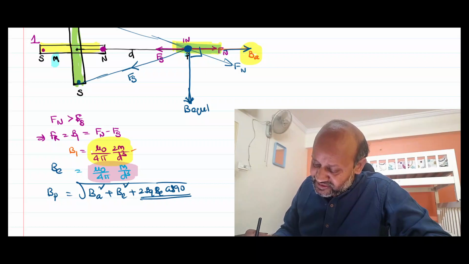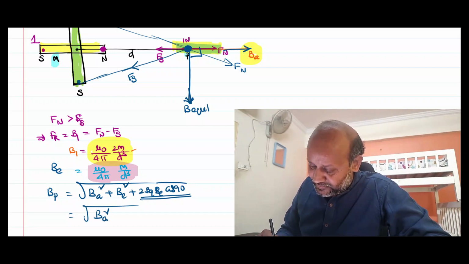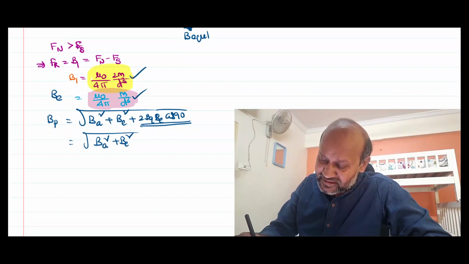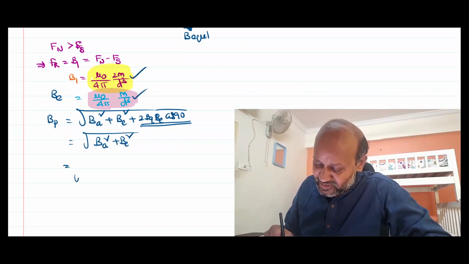Cos 90 is 0, therefore that term becomes 0, so the value is root of B axial square plus B equatorial square. We know the values of both B axial and B equatorial. I can just substitute them.